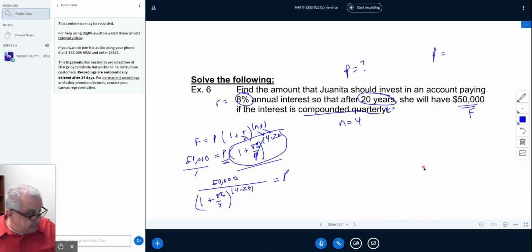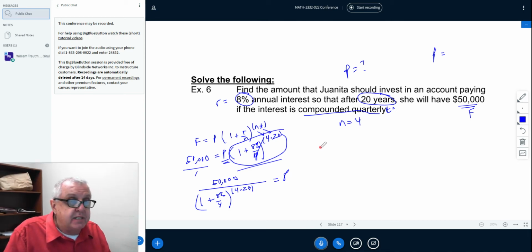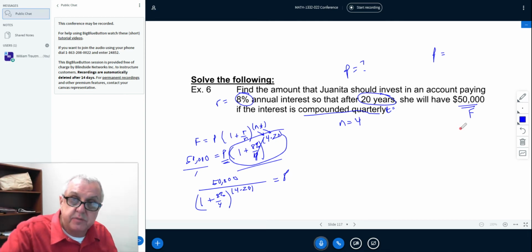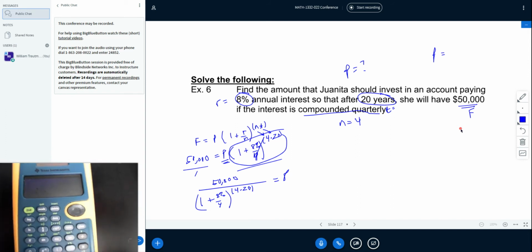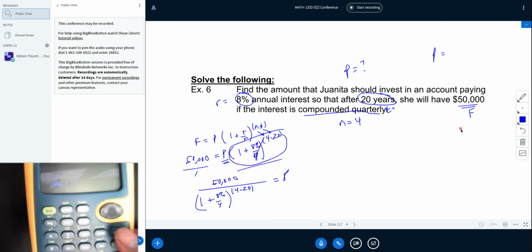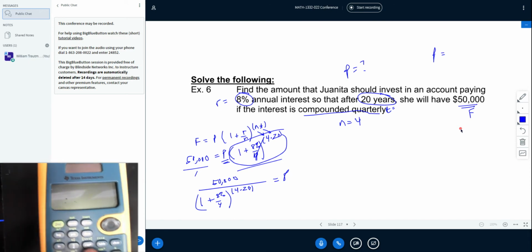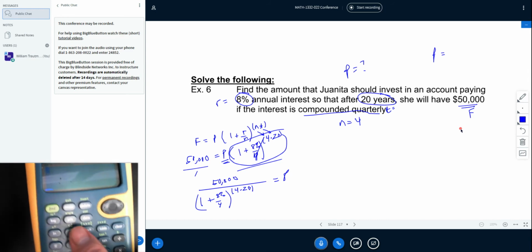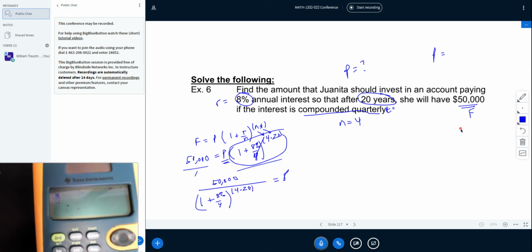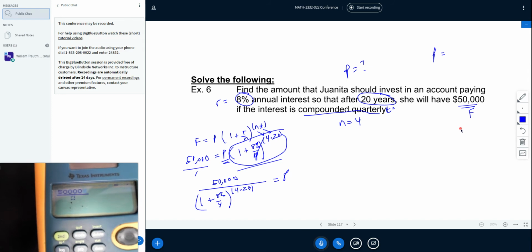So I'm going to put that in my calculator. You got to be really careful when you put that in your calculator. It's not easy at all. And since the top only has one thing, we don't have to put the top in parentheses. But I'm going to start off with my parentheses. Start out with parentheses, and 50,000 goes on top.